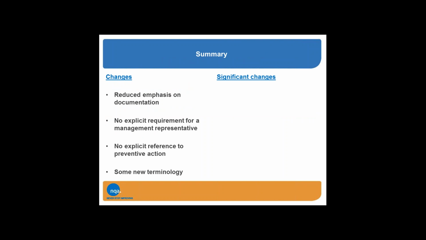They're changes, we'll get used to them, we're already used to them. Significant changes, the things that we'll carry on talking about and needing to learn more about. There's the elevated focus on the process approach, the risk-based thinking, including opportunities, and Annex SL itself. These, I would suggest, are all significant changes.